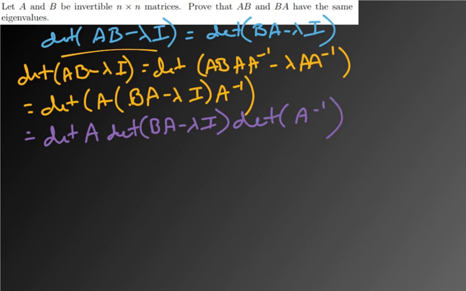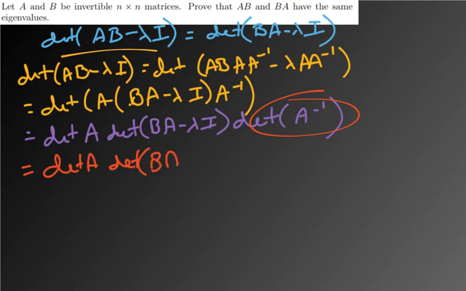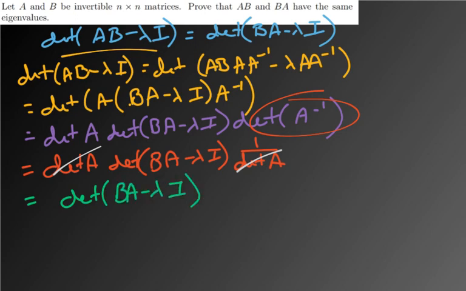And then I'm going to use another determinant property for this part at the end: we know that's just 1 over the determinant of A. I believe we proved that one in a previous video, or it was one of the shortcuts I put up with determinants. But then this and this can cancel, and so you get the determinant of BA minus lambda I equaling the determinant of AB minus lambda I.